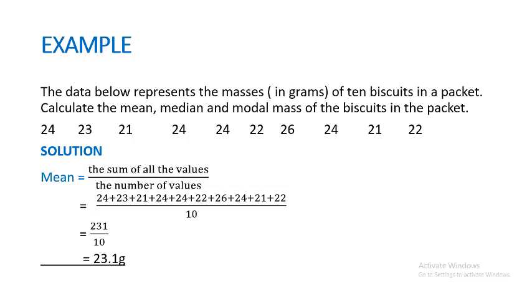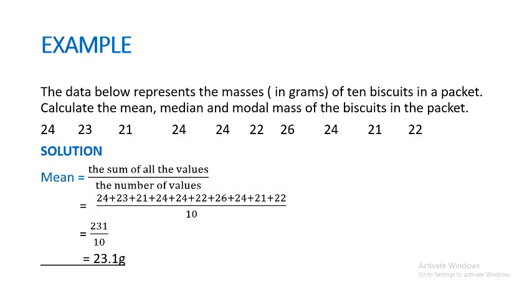It doesn't matter whether a value repeats or not. We just write the numbers the way they are and add them to find the sum. If we add all these numbers, we get 231.